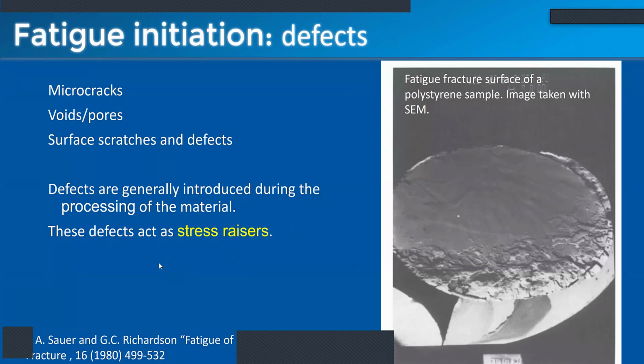You might need to have a screw hole in your part. For instance, if you're making some sort of assembly, you're going to need to have maybe slots or holes in your device. But it's good to be aware that those holes and slots can be stress raisers and can be potential points to promote device failure, particularly under fatigue.